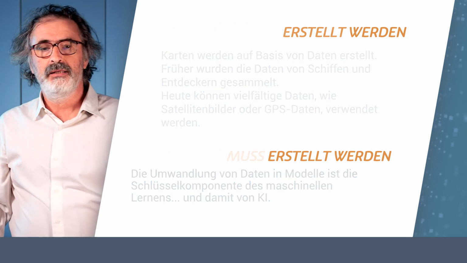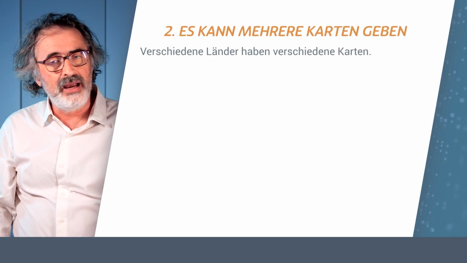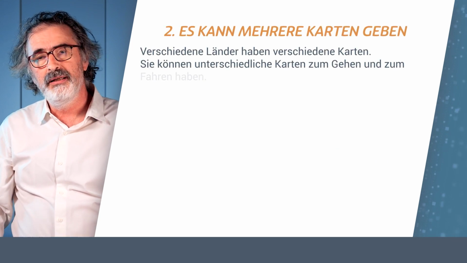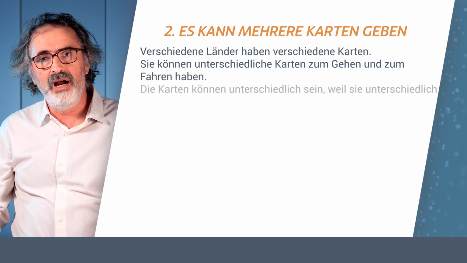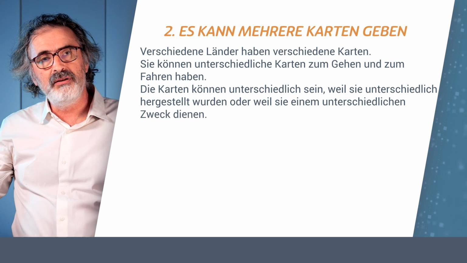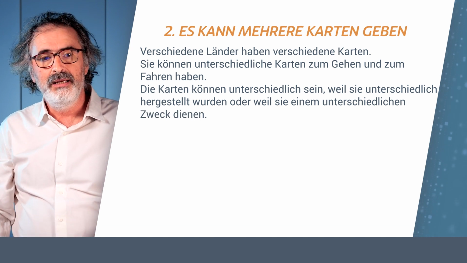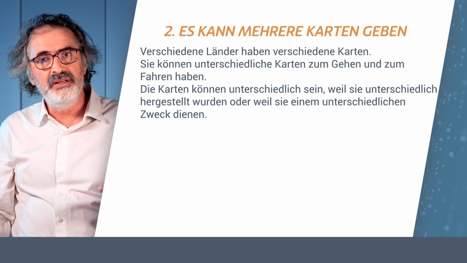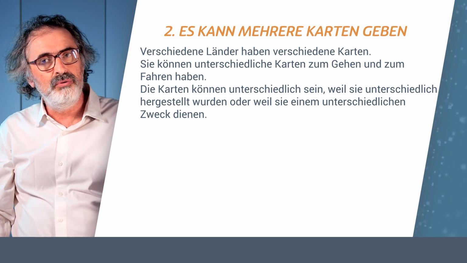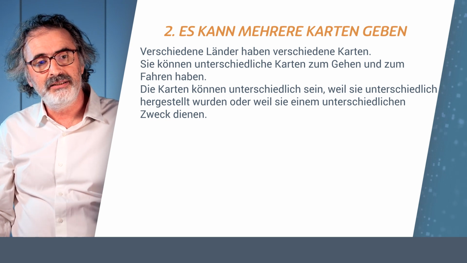Machine learning algorithms are going to interrogate data and transform the data into the maps, which in this case are called models. The second thing we want to know about maps and models is that there can be various different maps. There are maps to drive a car with, maps to go on your bicycle, maps which are large scale and maps which are less large scale. Since there are different purposes, these maps have been tuned for the purpose and the necessity of each case.